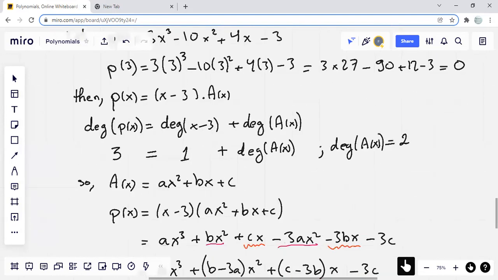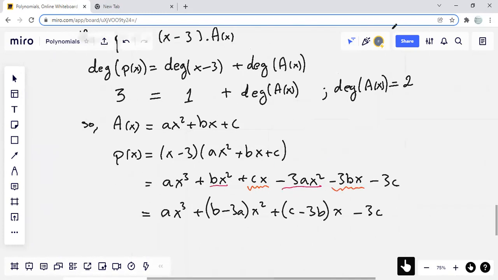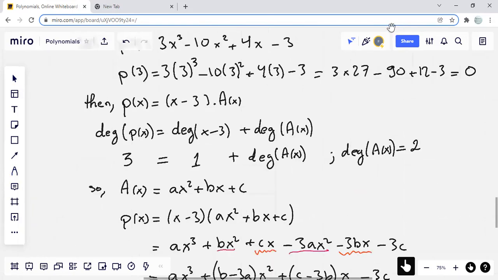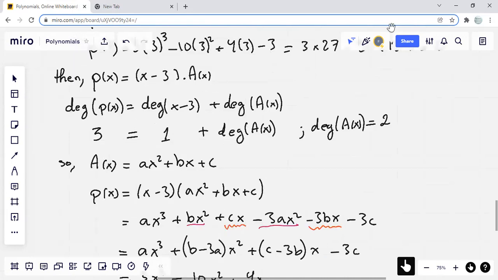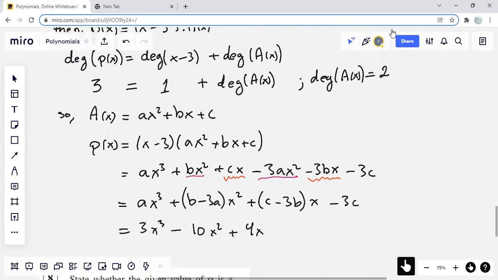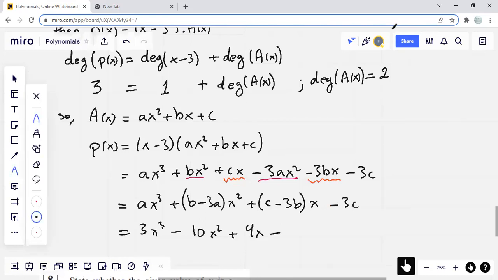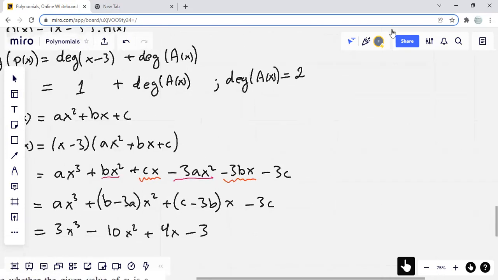So this will be equal to 3x cubed minus 10x squared plus 4x, and the constant term is minus 3.